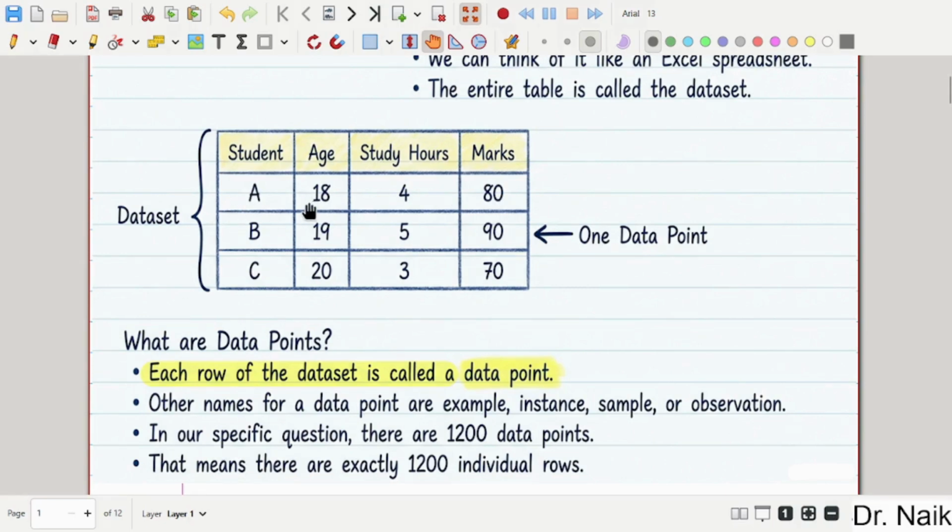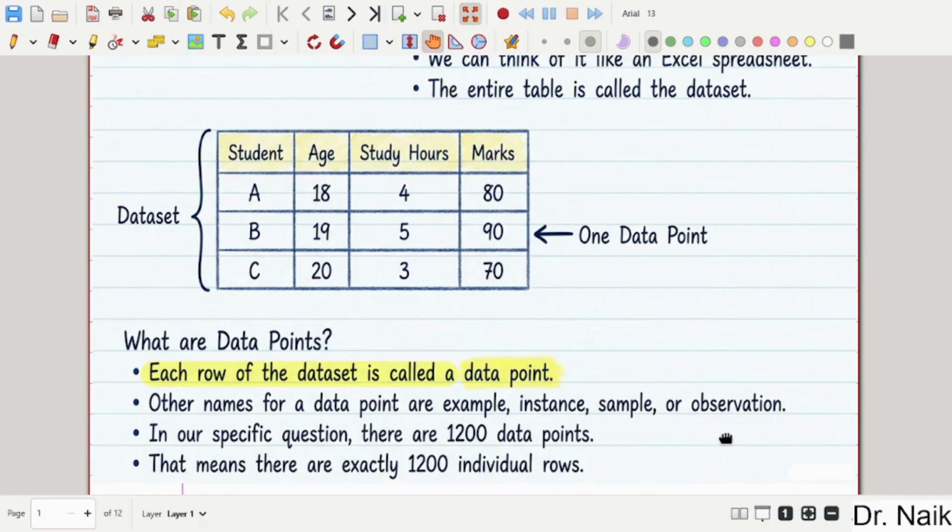So A18 480 is one data point. B19 519 is another data point. Similarly, C20 370 is another data point. A data point can also be called an example, instance, sample, or observation.